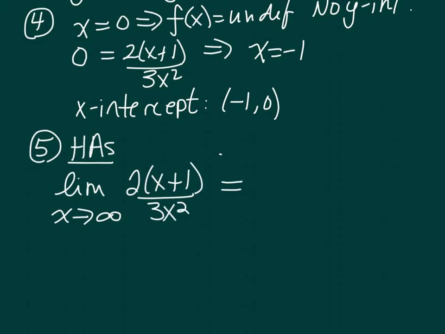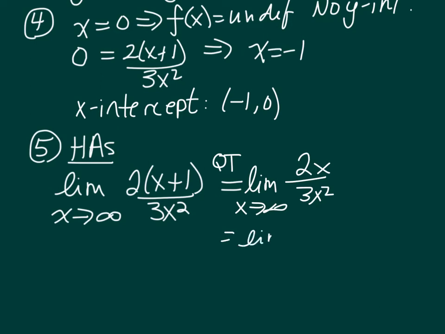And we know by what we called the quick trick, that theorem that we talked about in class, that this is equal to the limit as x tends to infinity of 2x over 3x squared, which is the limit as x tends to infinity of 2 over 3x, which is 0.